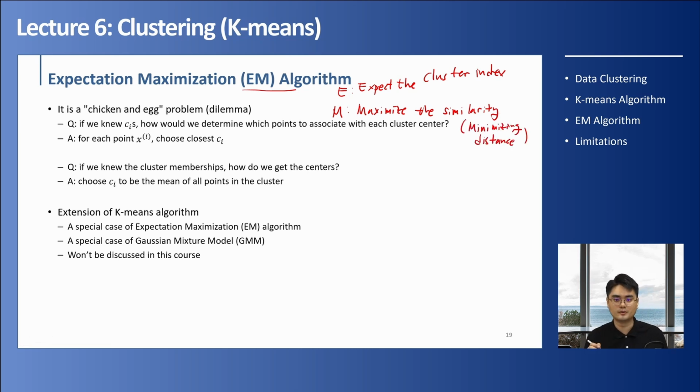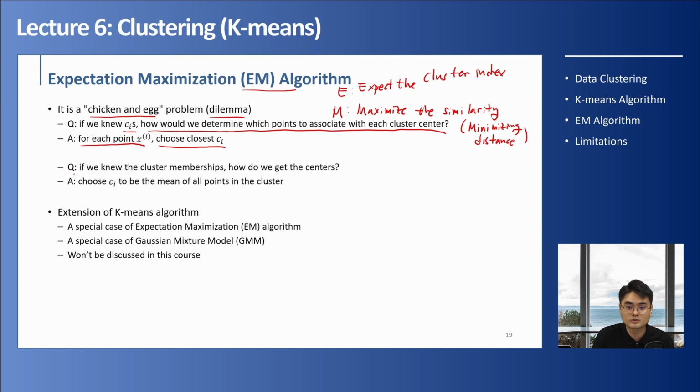However, here we have some dilemma, like a chicken and egg problem. The first question that we can ask is, if we knew the cluster indices, ci, how would we determine which points to associate with each cluster center? And the answer for this one is, for each point xi, we simply choose the closest cluster index.